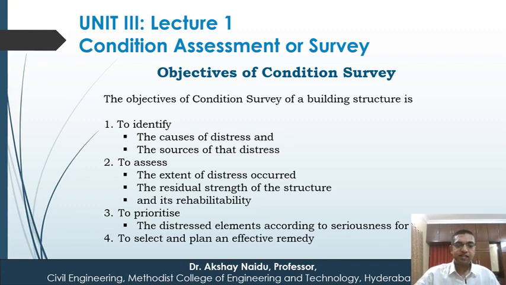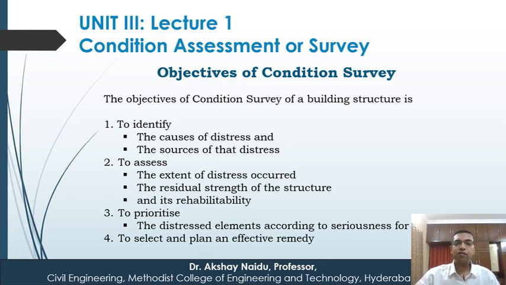Second objective, to assess the extent of distress occurred. First one is to identify distress and the source of distress. Second is to assess the extent of distress occurred, to estimate residual strength of the structure and its rehabilitability.